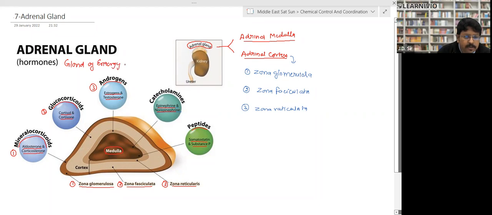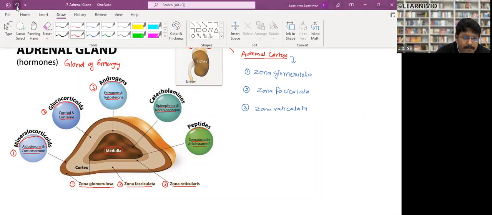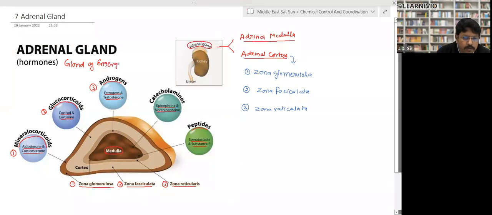During an emergency condition, when we get scared or meet with an accident, these hormones try to control our body mechanism and metabolism. That's why this is called the hormone of emergency.